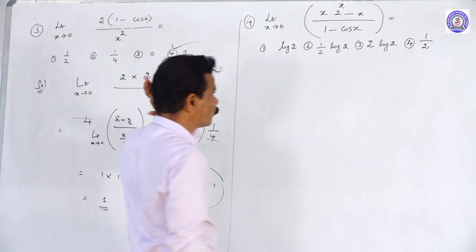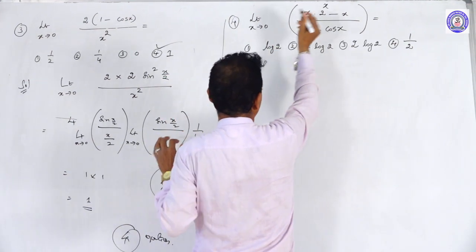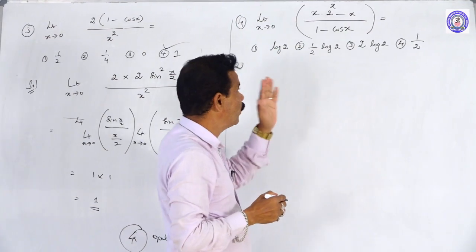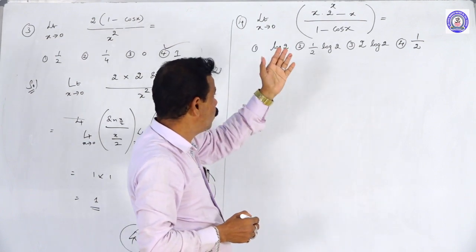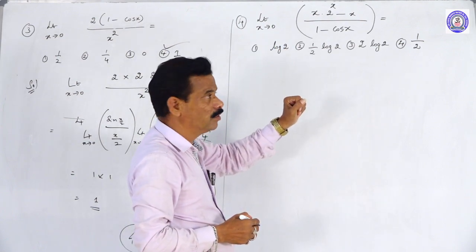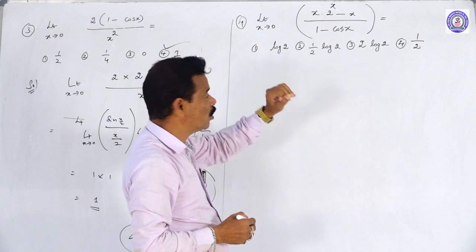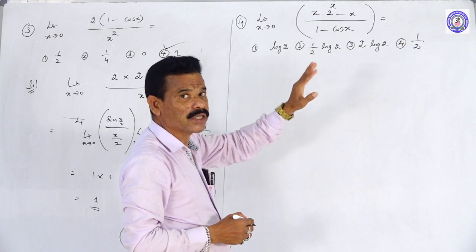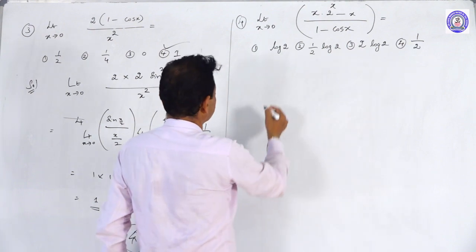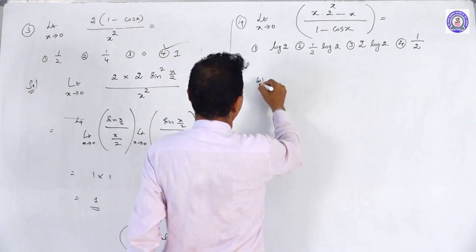Next here, limit x tends to 0, x into 2 power of x minus 1 by 1 minus cos x. So in the numerator x is common and the denominator 1 minus cos x. 1 minus cos x is written as 2 sin square x by 2. Solution.